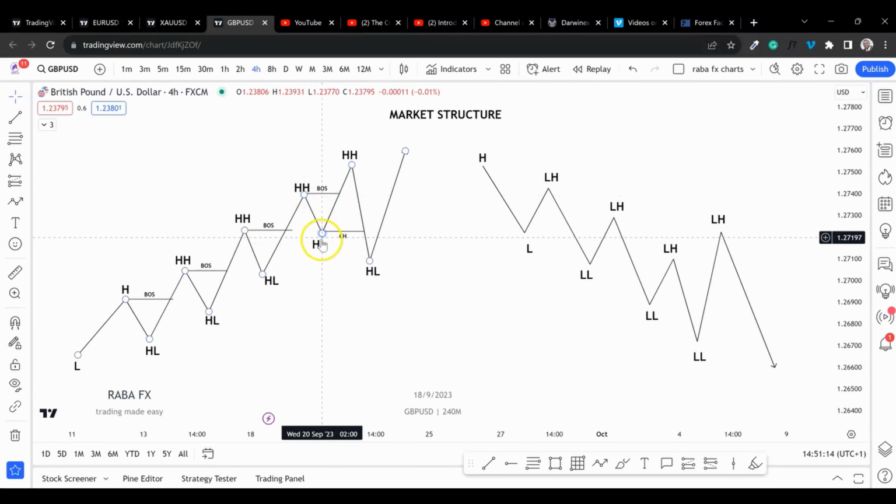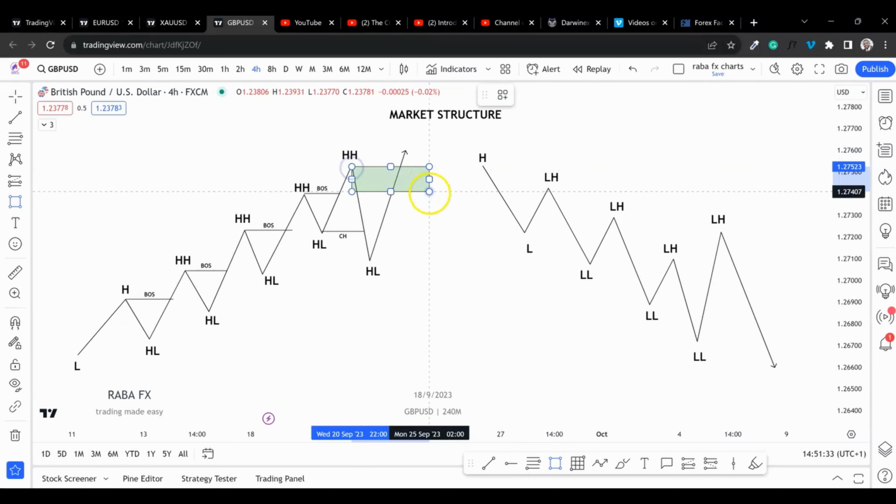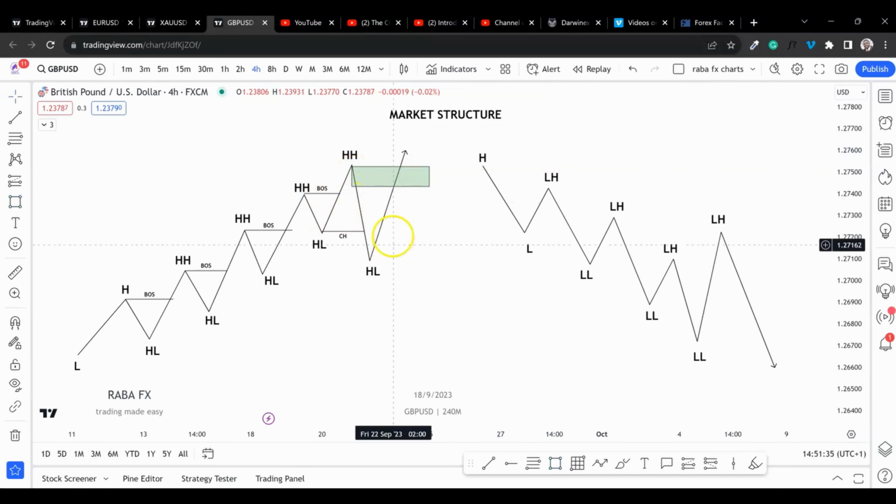So we produced a high, a low, and then we created a higher high. Now this is where most of you fail as a trader. When you have this higher low broken, that is a CHoCH. Now in your mind you would think that the market is bearish. You look for trades in here: order blocks, fair value gaps, mitigation blocks, breaker blocks, supply and demand.